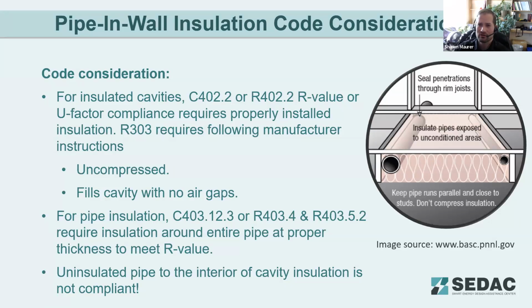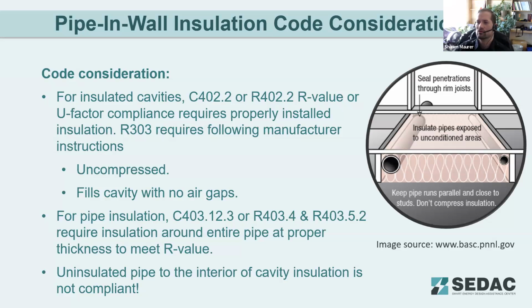But that's only for hot water pipe that has hot water circulation systems. If it's not circulated, then the pipe isn't required to be insulated because it doesn't continuously have hot water in it. But in most commercial applications, the pipe needs to have insulation all the way around the pipe.